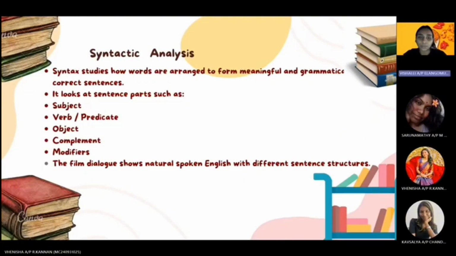So next I will be explaining about the syntax analysis. Syntax studies how words are arranged to form meaningful and grammatically correct sentences. It helps us understand how sentences are structured so that the meaning is very clear. In syntax, we look at different parts of sentences.